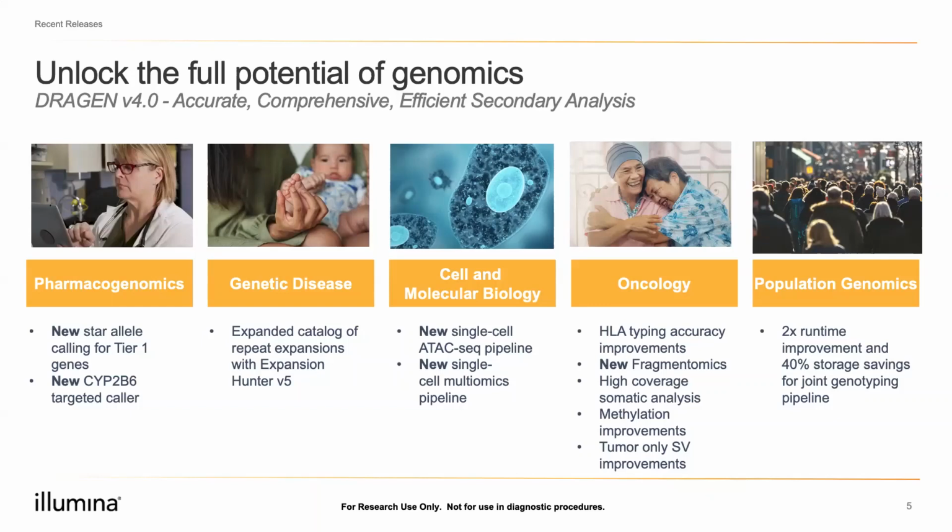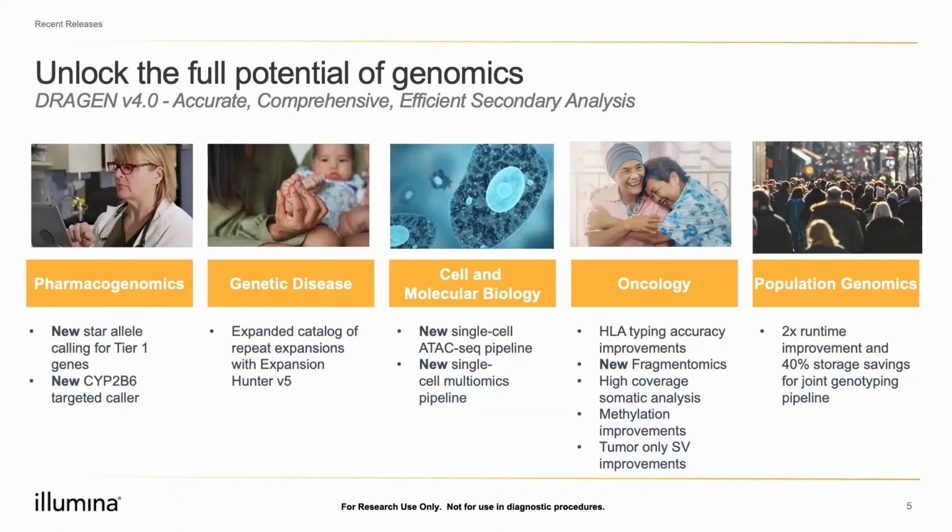For genetic disease, we have increased comprehensiveness of repeat expansion detection, enabling researchers to query 50,000 additional loci for disease correlations. With cell and molecular biology, we've introduced a new workflow that enables the processing of combined single-cell ATAC and single-cell RNA data sets generated from the same set of biological cells.